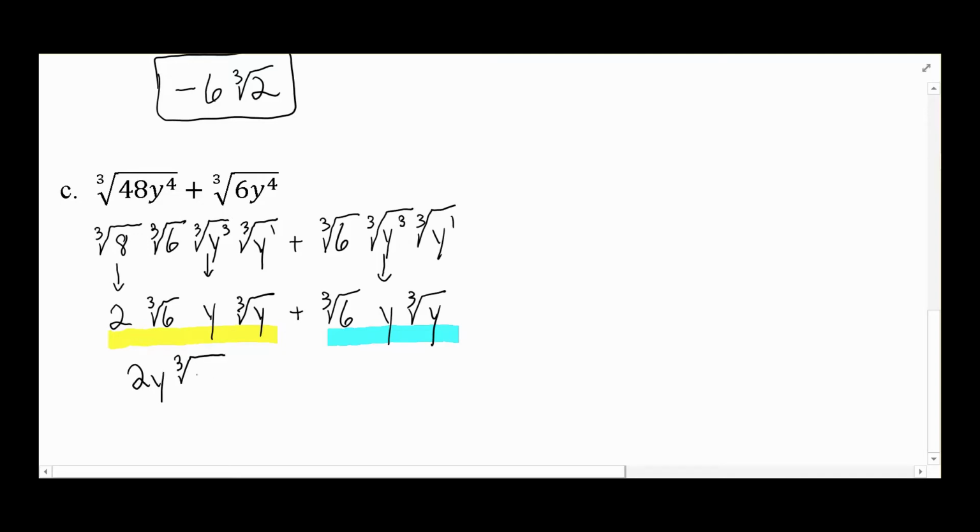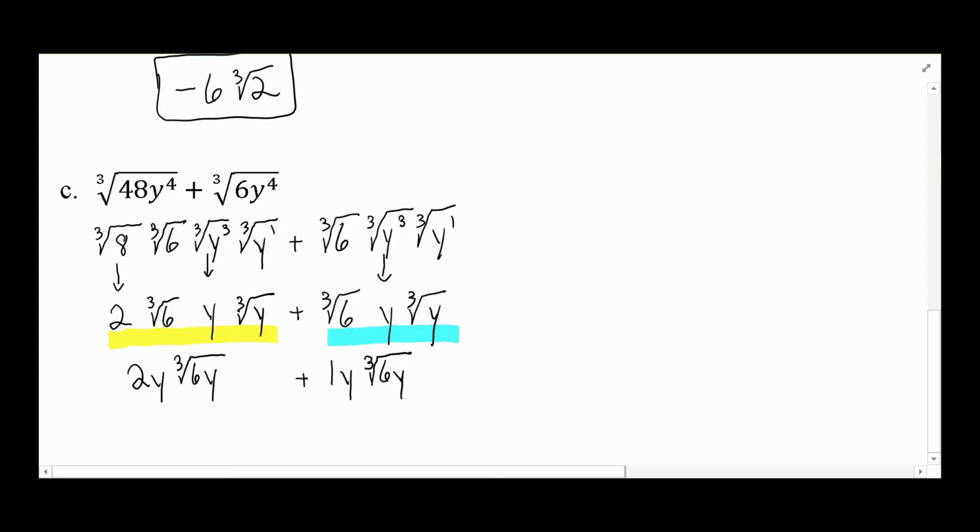Inside the radical, I have a cube root of 6 and a cube root y, so we can write that as cube root 6y. Now for the stuff underlined in teal, outside the radical, I have a y. I'm going to write one y because again, it helps sometimes when we're talking about coefficients to explicitly write that one.